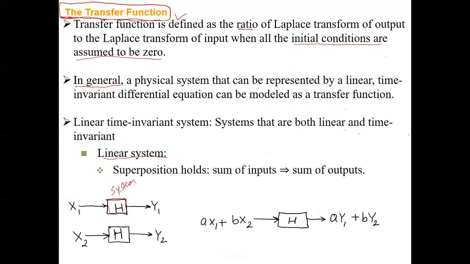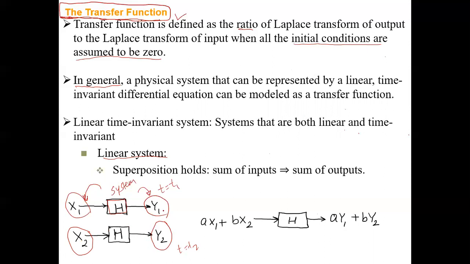Now, suppose the input to the system is x1 and the output is y1 at time t equals t1. At t equals t2, the input is x2 and the output is y2.